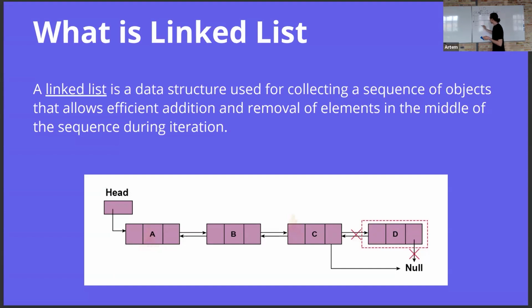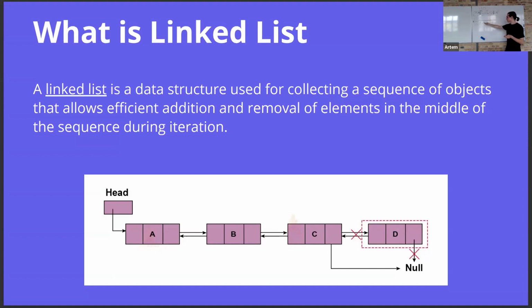So if we move to linked lists: what's a linked list? For example, we have element 7, we have element 9, we have element 0.